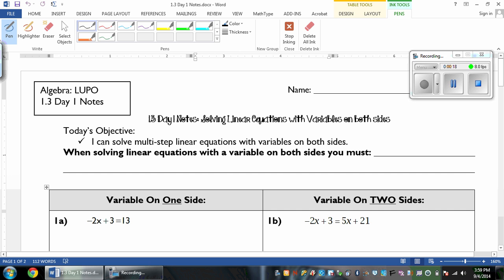Alright, so let's start. When solving linear equations with a variable on both sides, you must collect all variables to one side of the equal sign.